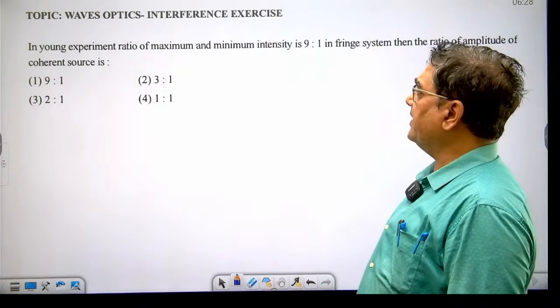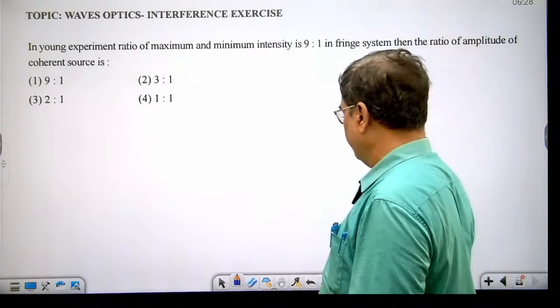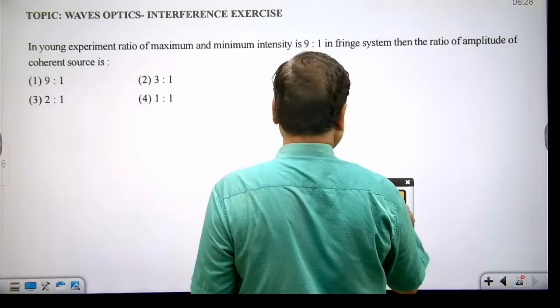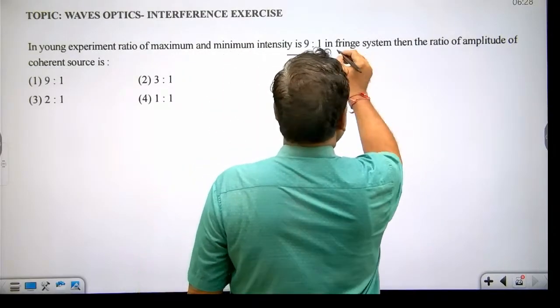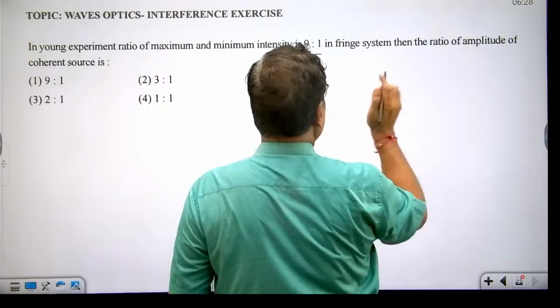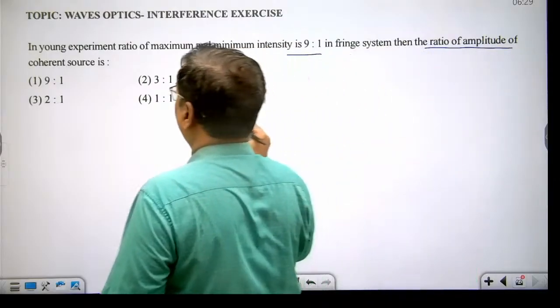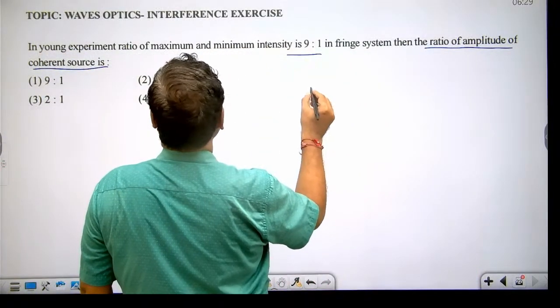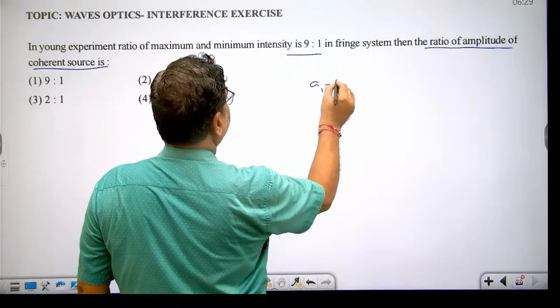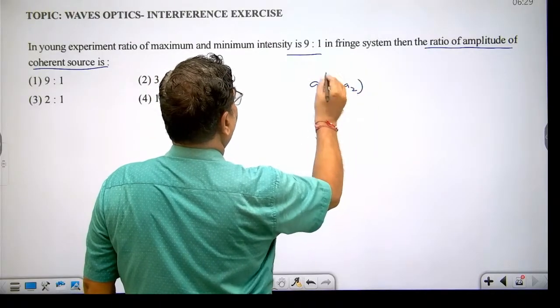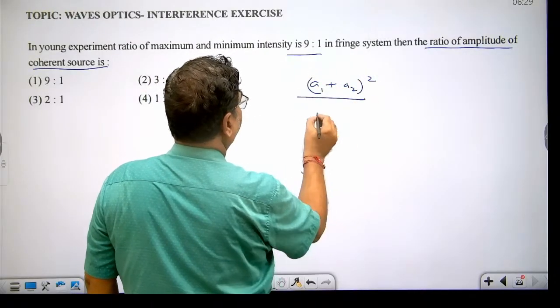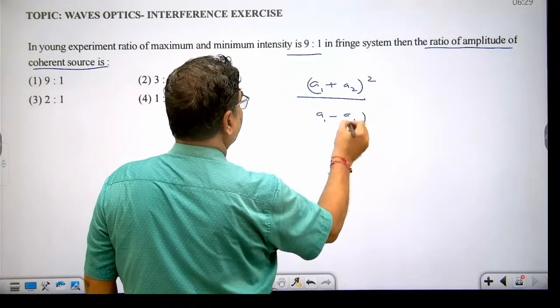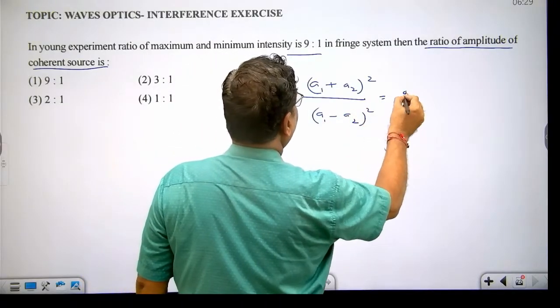In Young's experiment, ratio of maximum and minimum intensity in the fringe system is 9:1. Then what is the ratio of amplitudes of the coherent sources? Direct formula: (A1 plus A2) whole square divided by (A1 minus A2) whole square equal to 9 upon 1.